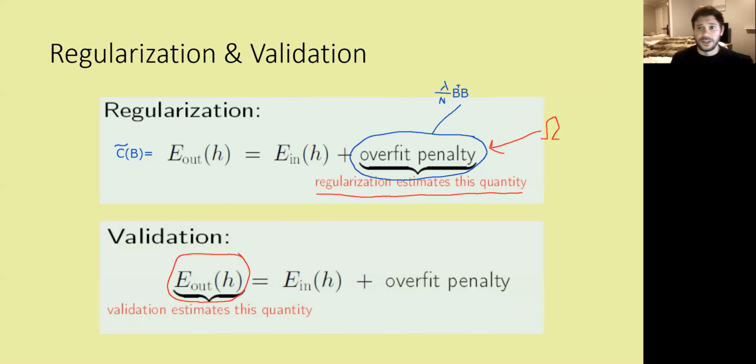Regularization provides this overfit penalty trade-off to capture that generalization error from an overly complex model. But validation allows us to estimate the out-of-sample error so we can get a more honest idea of how our model performs. Remember, the in-sample error, E in, if we only use that as our criterion, that's like looking at the R squared of the regression.